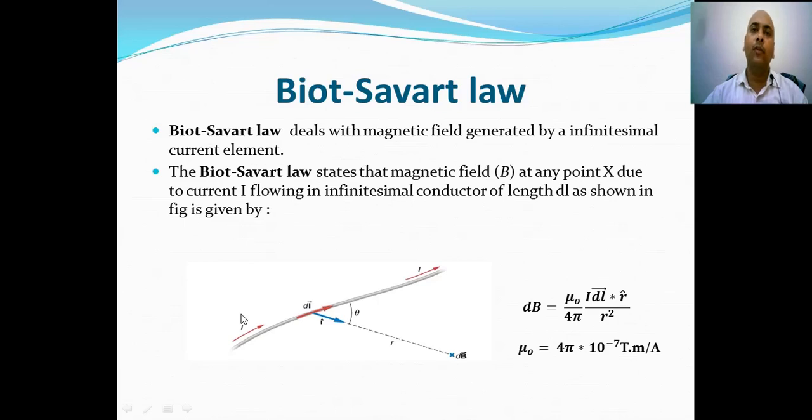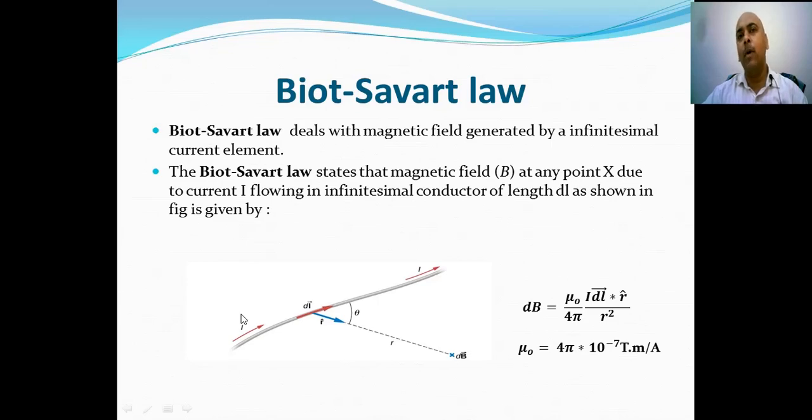Whenever current I flows into the conductor, it generates a magnetic field. Our aim is to find the magnitude of the magnetic field generated by this current in the conductor.